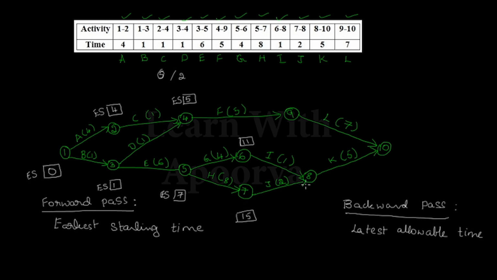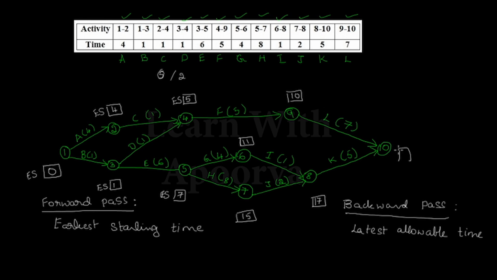After 7, let's go to node 8. Node 8 will have 2 options. One option is 11 plus 1, which will be 12, and the other option is 15 plus 2, which will be 17. Among 12 and 17, 17 is the maximum value, so we will take 17. After 8, go to node 9. 9 has 5 plus 5, which will be equal to 10.